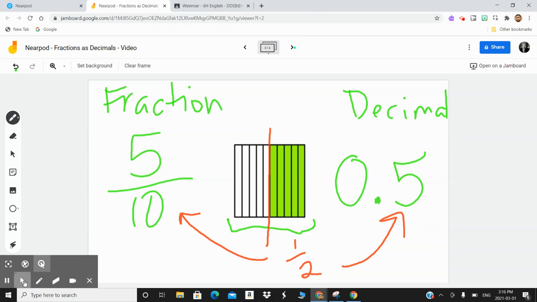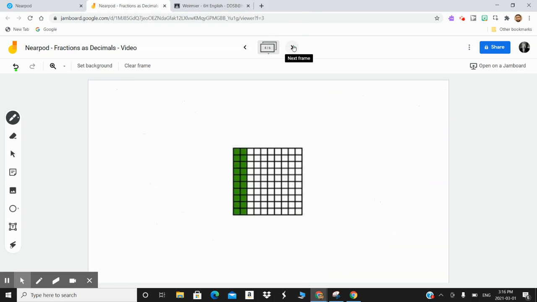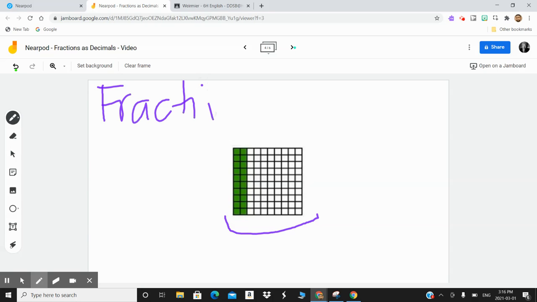Okay, let's go to our next slide and start looking at hundredths. So this is the same whole, but now instead of being divided into 10 equal pieces, we are divided into 100 equal pieces of our cracker. So let's start with our fraction. So we know it's 100 equal pieces. And I can count, but I also know that this is 10 and 10.